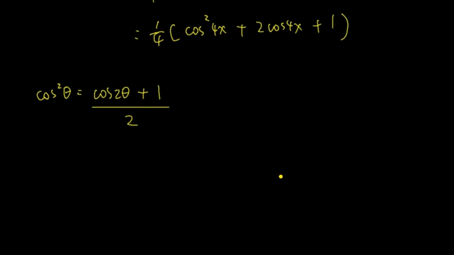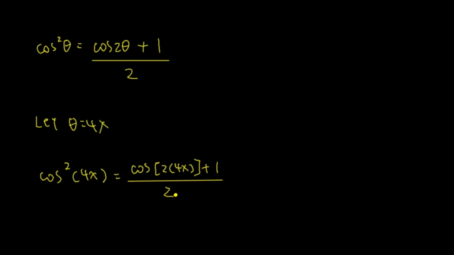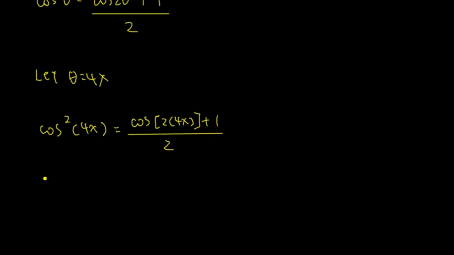And what I would do is let theta equal 4x. Then I can replace theta with 4x here. So cosine squared 4x is equal to (cosine of 2 times 4x, plus 1), all divided by 2. So I have cosine squared 4x equal to, 2 times 4 is 8, (cosine 8x plus 1) over 2.